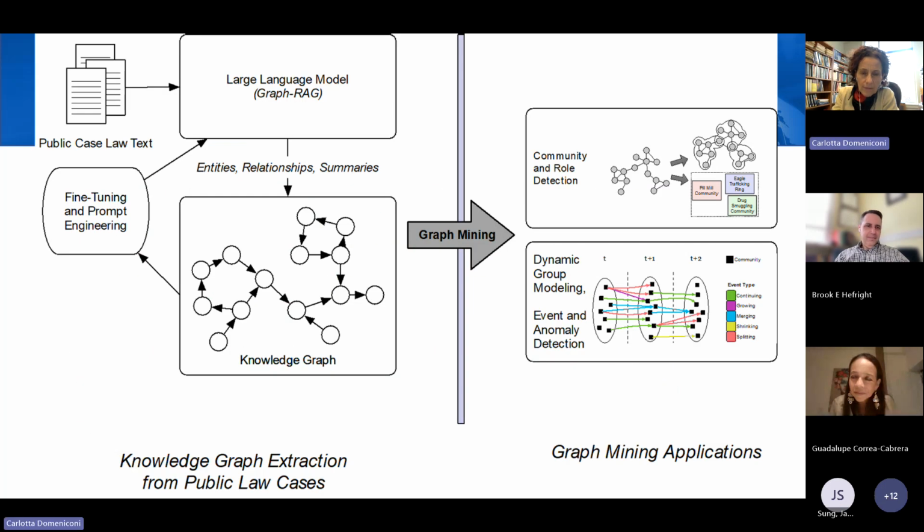So, for example, migration trends can be within a snapshot. We may get a very complex network, but we can also think of slicing this network across different dimensions.